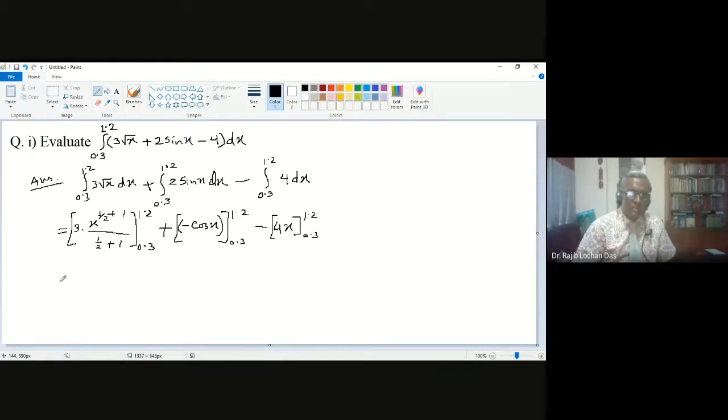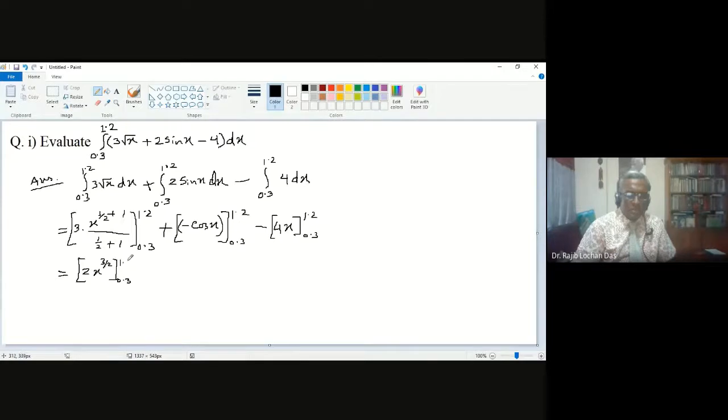No C is necessary. So this is x to the power 3 by 2 divided by 3 by 2. The 3 by 2 will come up here, so it will be 2 by 3, and the 3s cancel. So 2 will be the only number, and then x to the power 3 by 2, with limits 0.3 and 1.2.